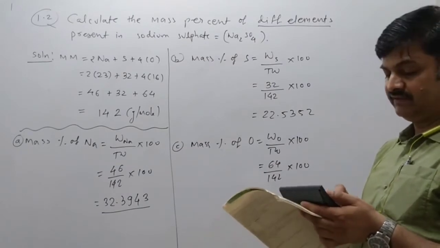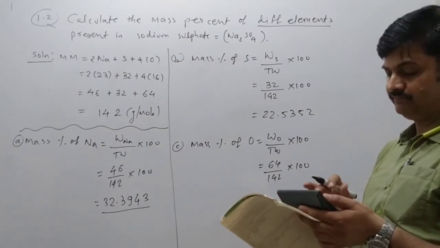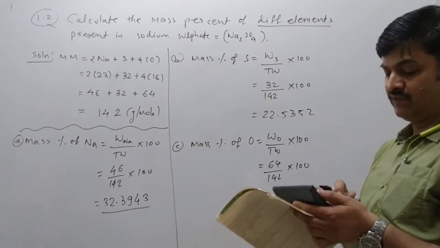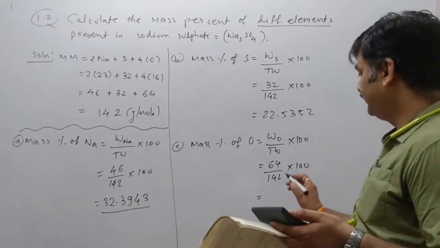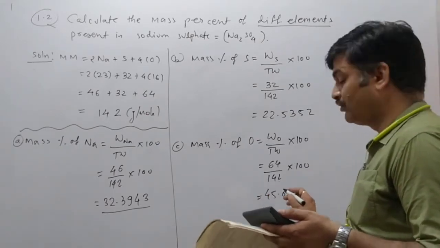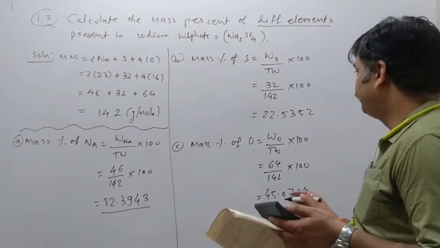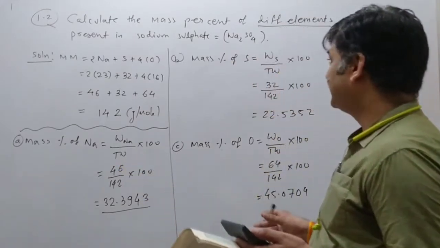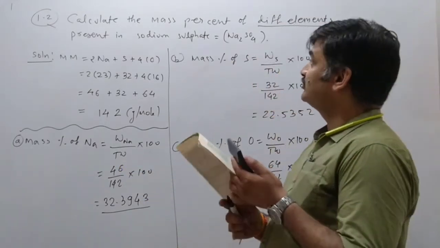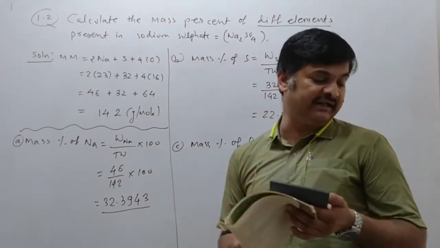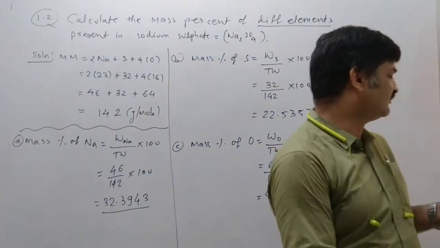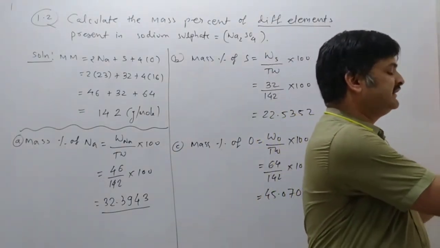Similarly, here 64 divided by 142, here 45.070, and then after 4 will come. So this is the answer. In case of sodium sulfate, only 3 elements are there.